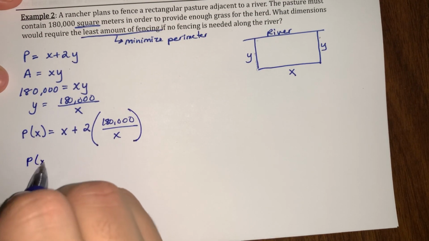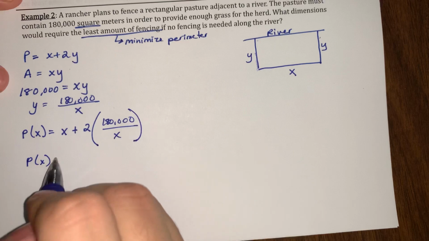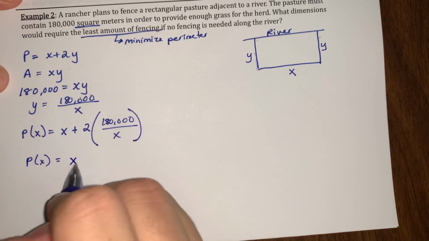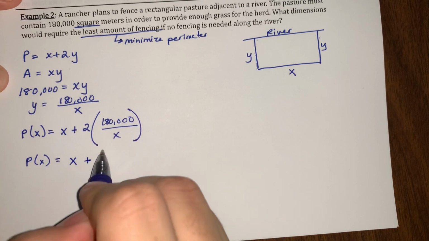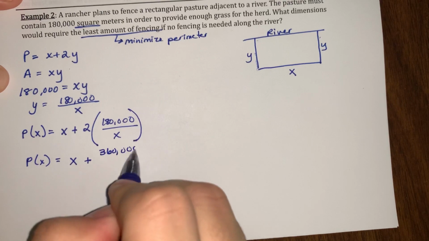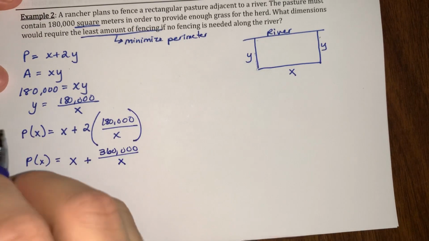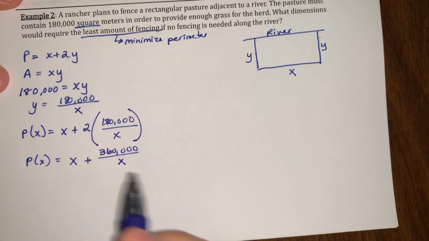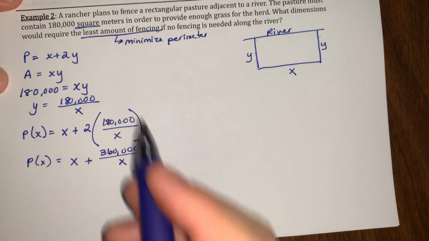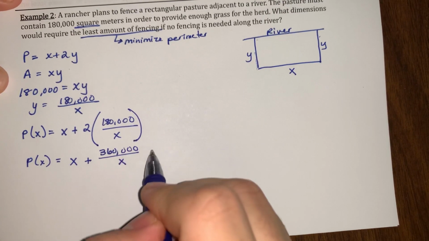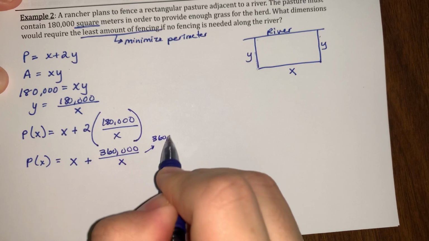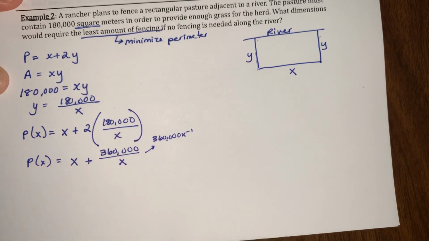I want to write this in a nicer way so that I can write the derivative easily. So that'll be x plus 360,000 divided by x. I wish I had my sticky notes with me, but this is essentially 360,000 x to the negative 1.